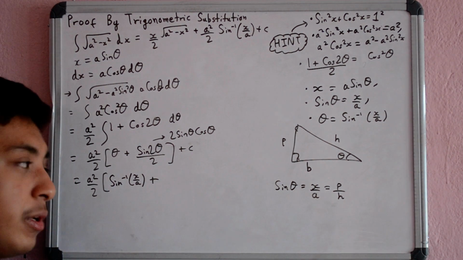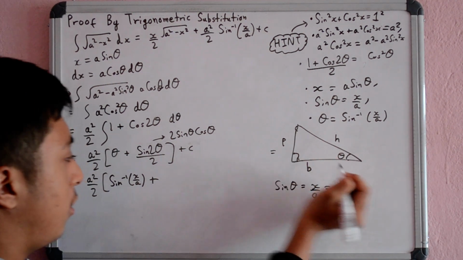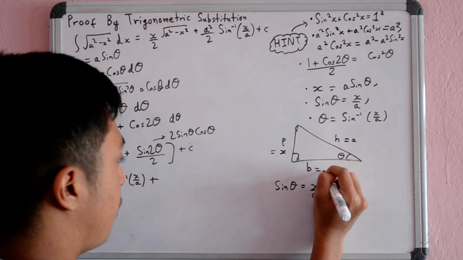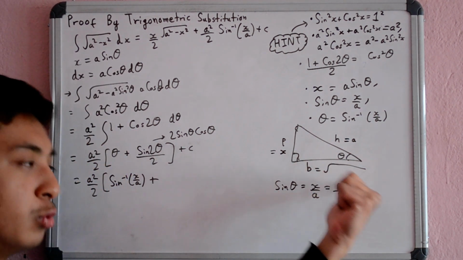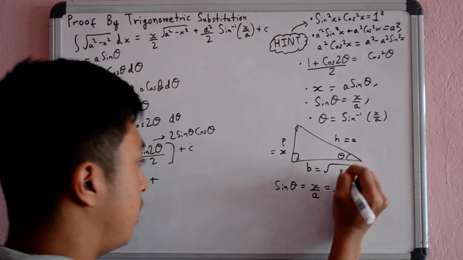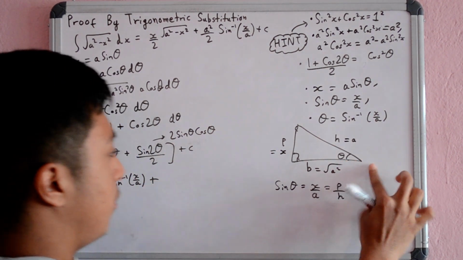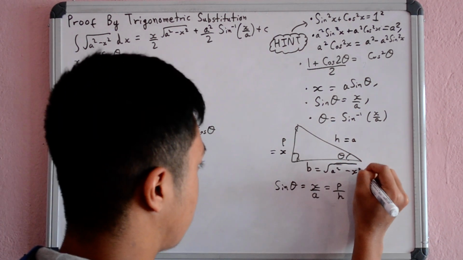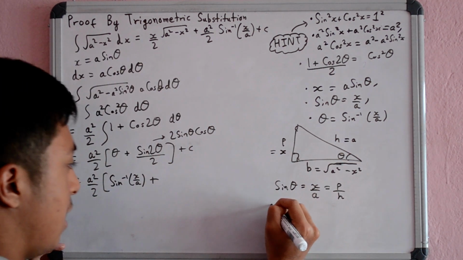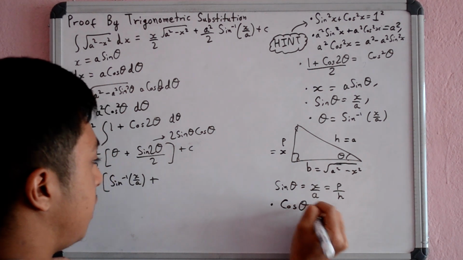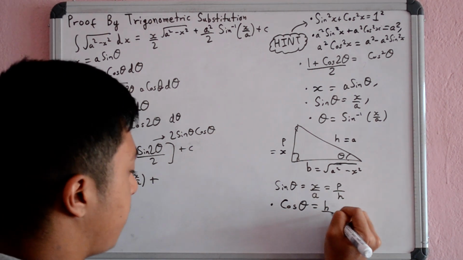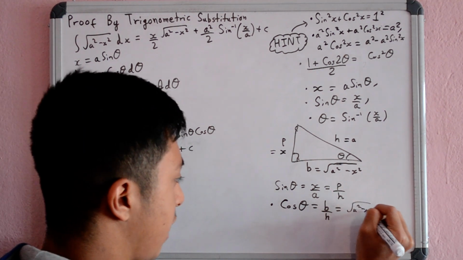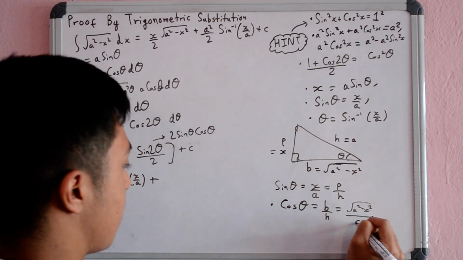And from here we get that perpendicular is equal to x, hypotenuse is equal to a. From here we can get our base, which is the root of hypotenuse square, which is a square, minus perpendicular square, which is x square. And from here we can also get our cos theta, which is base by hypotenuse, so root a square minus x square by a.